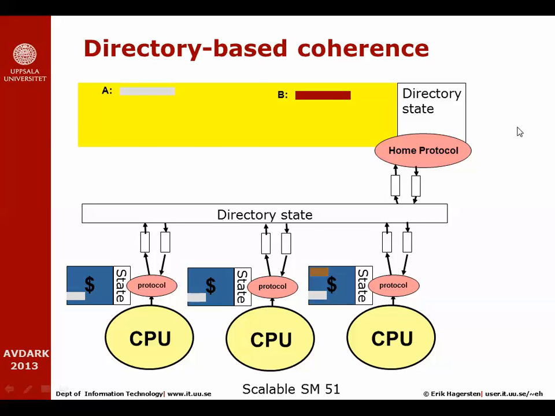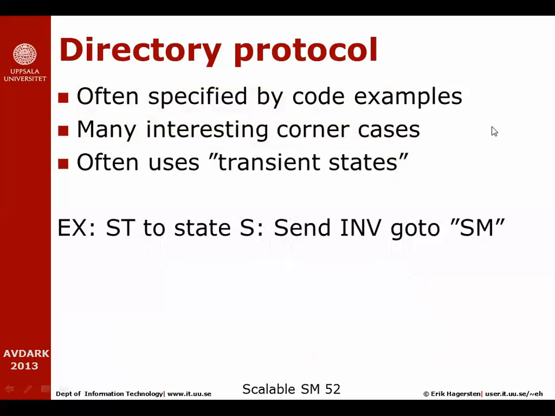In this course, we've not covered directory protocols to any more detail than what we discussed here. It takes much more than just staring at the state transition diagram to really understand what's going on in a directory-based protocol.